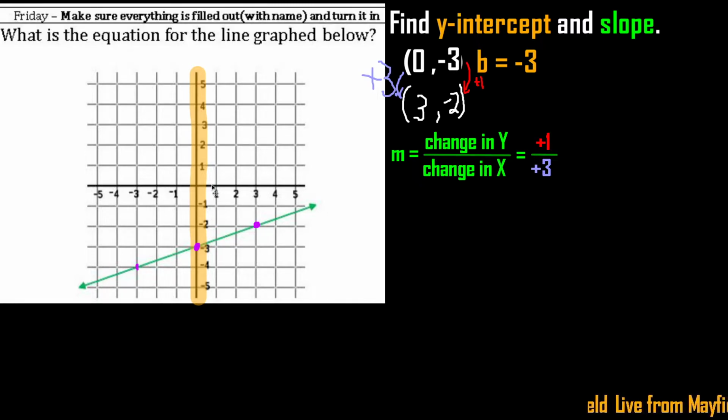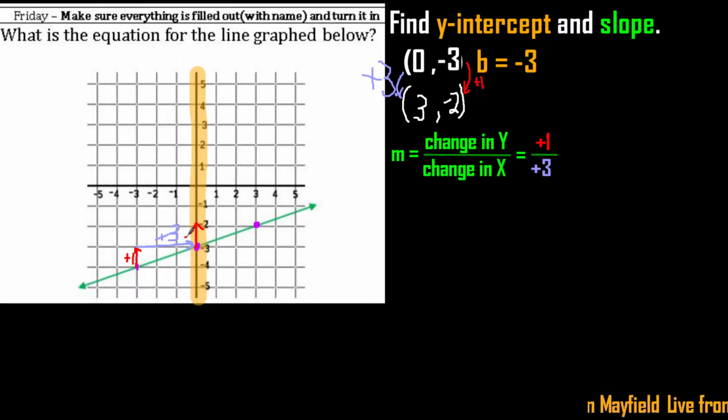The other way you can do it is using the staircase. We've done this before. I have one point here, and if I want to go to this next point, I have to go up 1 step, so +1. Then to get over to that next ordered pair, I have to go over 3, so +3.